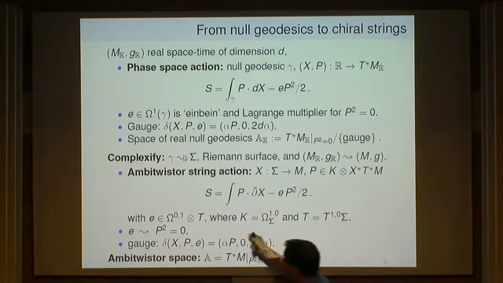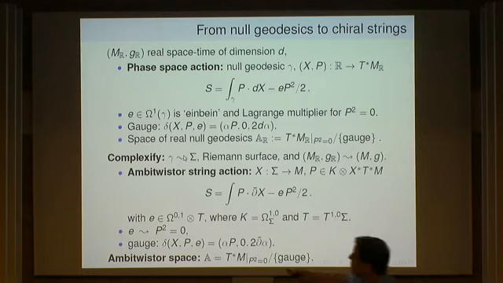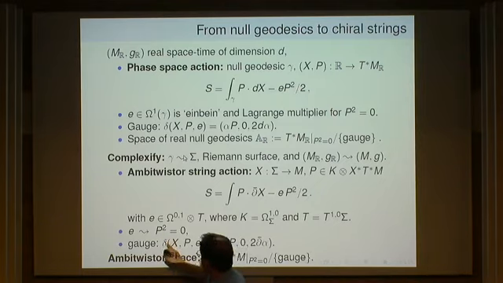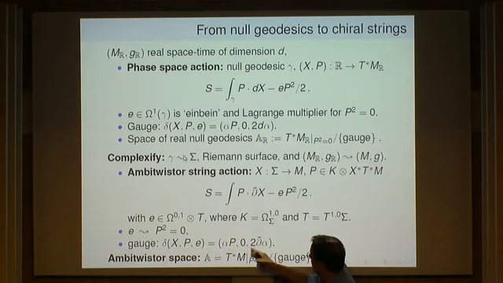What this is actually going to give us is a similar story to what we had in the real case. This e here is going to play the role of Lagrange multiplier enforcing p squared equals 0. But it will also be a gauge field whose gauge transformations send you up and down the null geodesic in the complex.